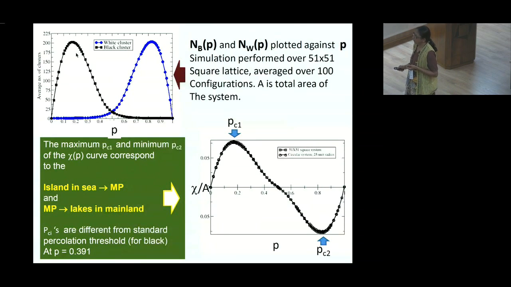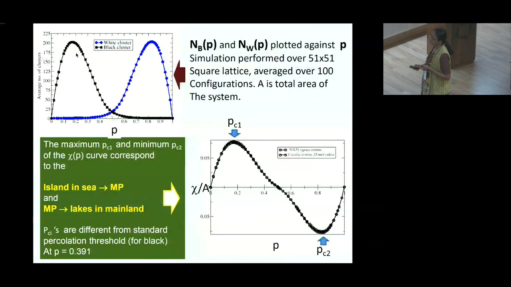The Euler number is plotted against P here, and we find that it reaches a peak at this concentration, which we call PC1, and it crosses the x-axis with a slight inflection and reaches a minimum again at this point PC2.